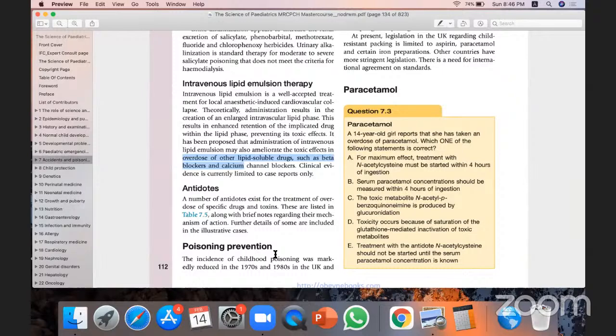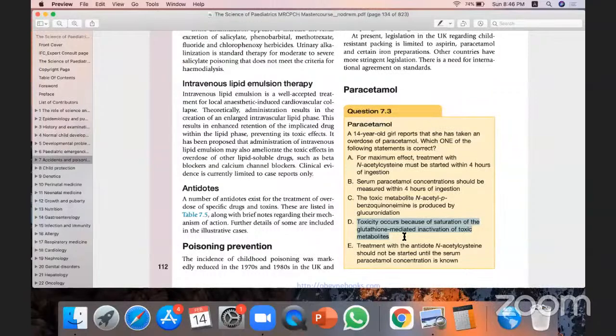About paracetamol poisoning, which statement is correct? The correct statement is that toxicity occurs because of saturation of glutathione-mediated inactivation of the toxic metabolite. Glutathione absorbs the NAPQI. When we take paracetamol, our liver produces glutathione, which absorbs the toxic product.